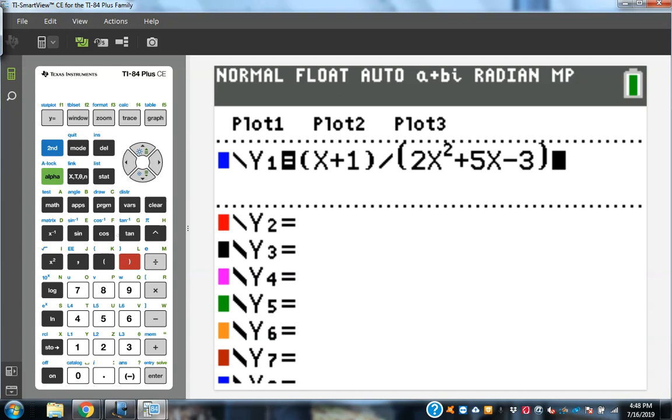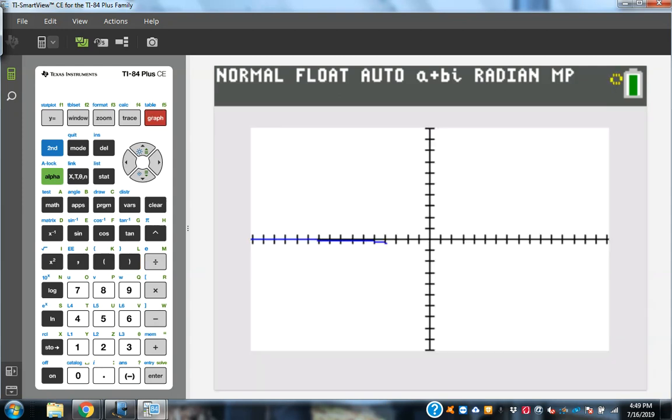I don't have to put quite as many parentheses in there. Even if it does simplify, if you graph the original and the simplified version, they are exactly the same. So you can always just graph the original and see some of this stuff happening anyway. I put parentheses around the top and parentheses around the bottom. Be careful of that. And then I hit graph.